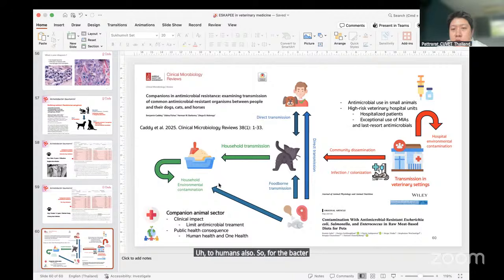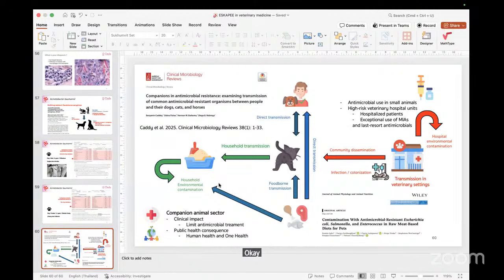So for the bacterial species, we will focus on the target bacteria in humans, especially enterococci and E. coli, like I presented before. Those are the bacteria that represent the populations and the resistance because they can be found in many animal species in the intestinal tract. This can reflect the development of the resistance in many animal species.